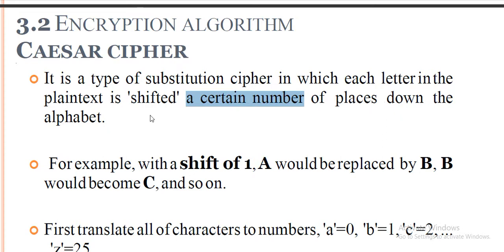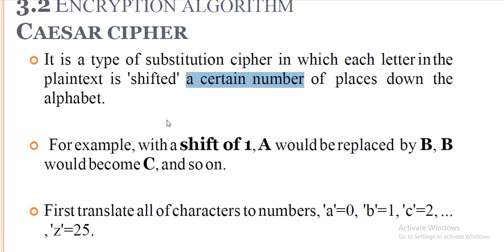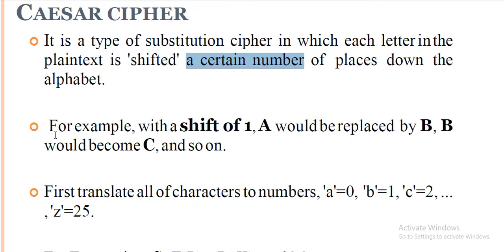For example, with a shift of 1, A would be replaced by B, if our key is 1. Because if we go one place down from A, if we add A plus 1, then we get B.